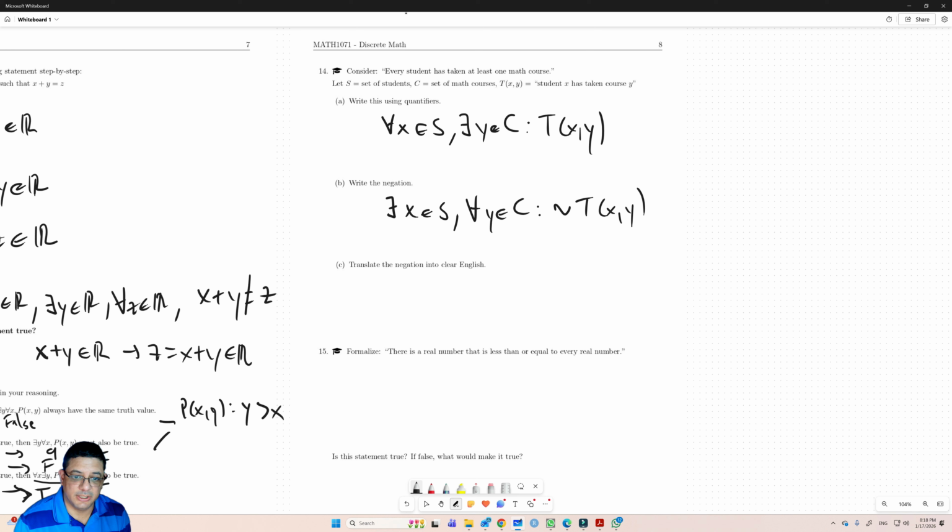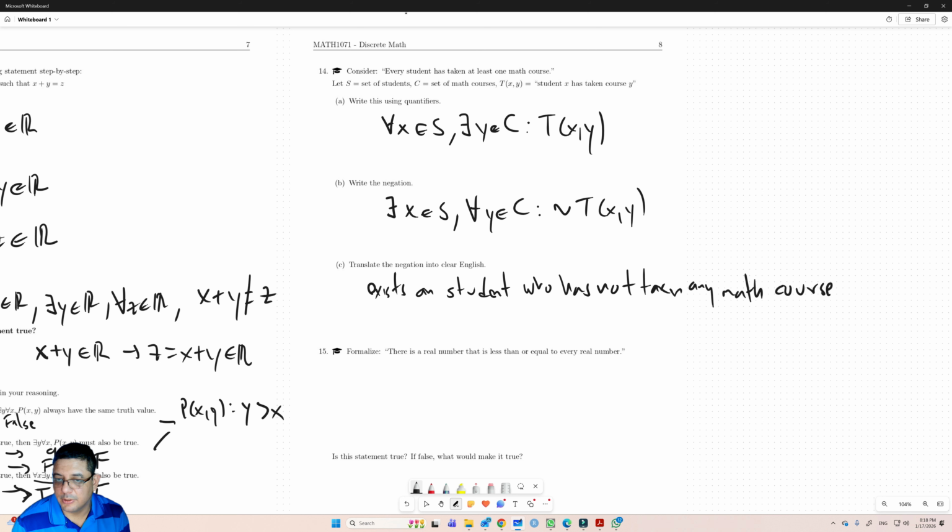And translating this in English, it will be assisting a student who, since this is for all courses, has not taken any math course. Okay, remember the original is every student has taken at least one math course, but then the opposite will be assisting a student who has not taken any math course.